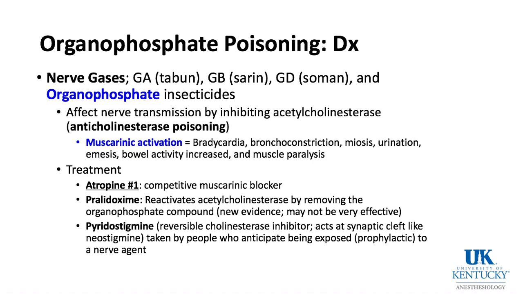So if a person was in Iraq, for example, or some other previous war zones, where they thought they might get exposed to a nerve gas, they can take pyridostigmine before they are exposed, and that seems to cover that cholinesterase enzyme and protect it so that it doesn't get inactivated by the nerve agent.